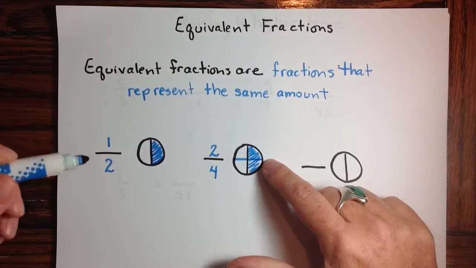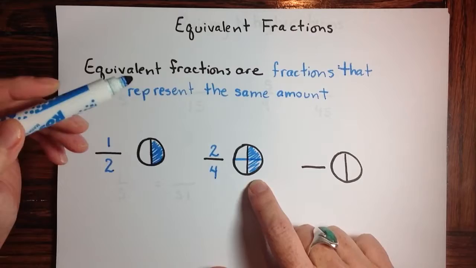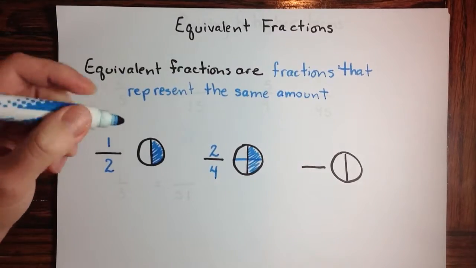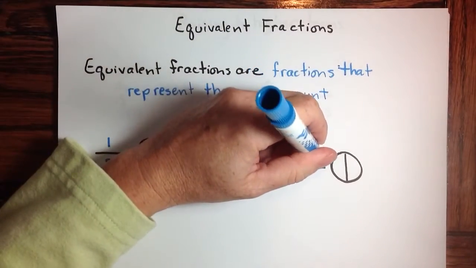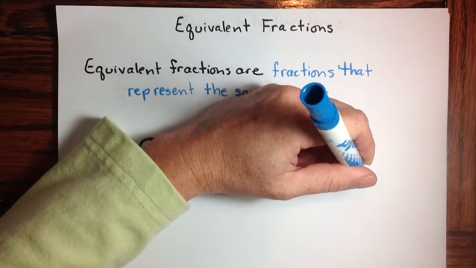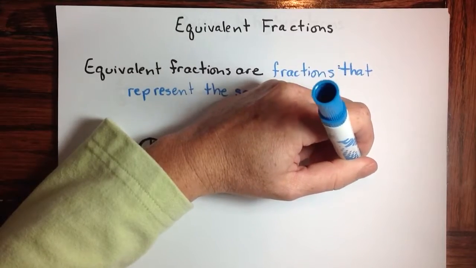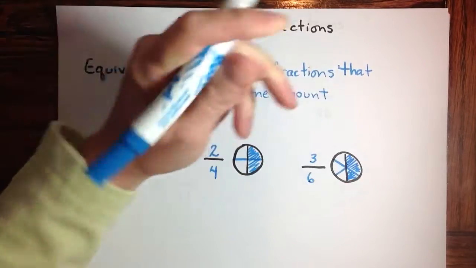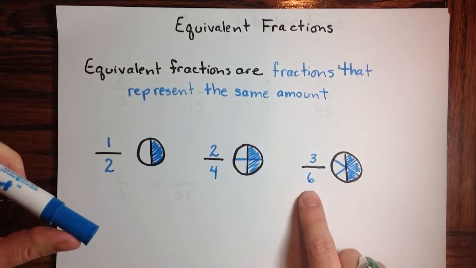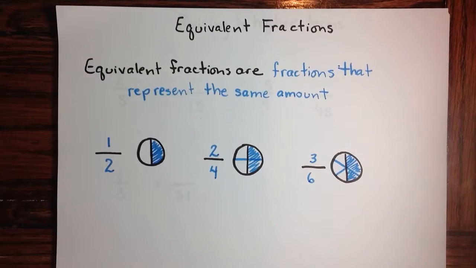It would just be cut into 2 slices out of what would have been a 4-slice pizza if all of it were there. Or you could also divide that pizza into 3 slices out of what would have originally been a 6-slice pizza.